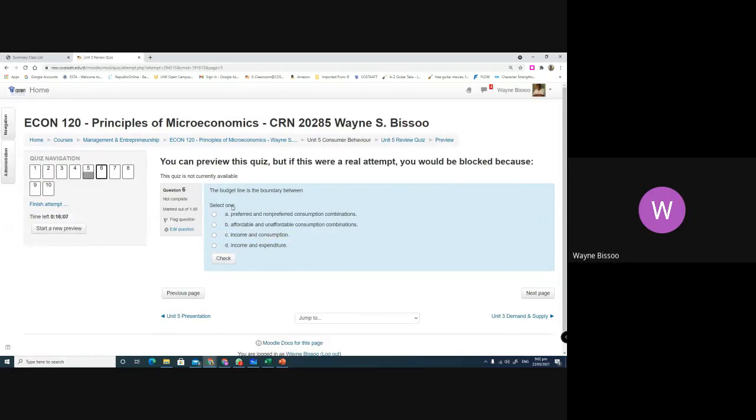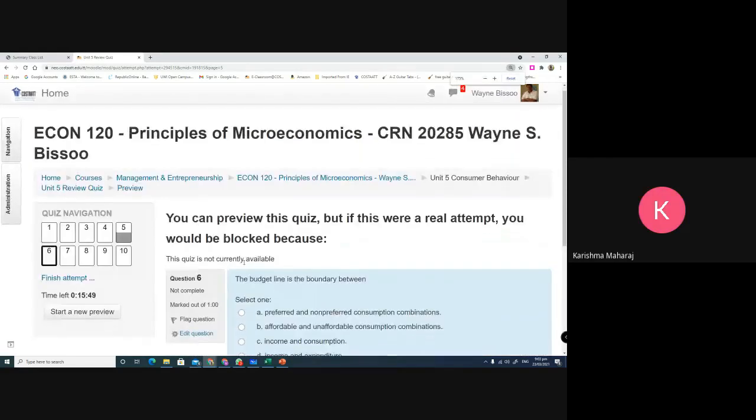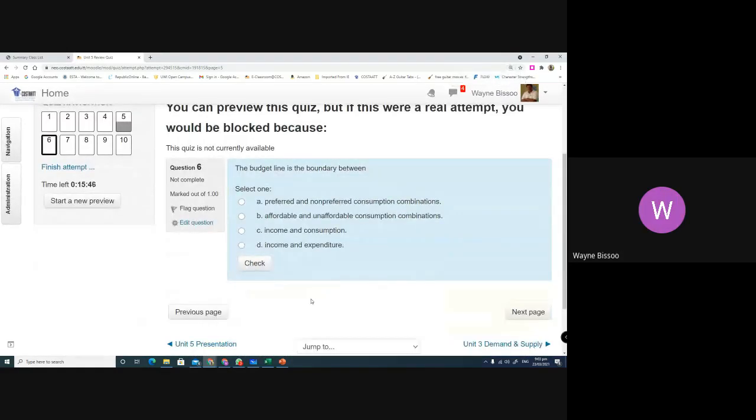All right. The budget line is a boundary between what? Anybody want to take a guess? Can you all see this or is it still too small? It's too small. That's bigger now, have a look at that.